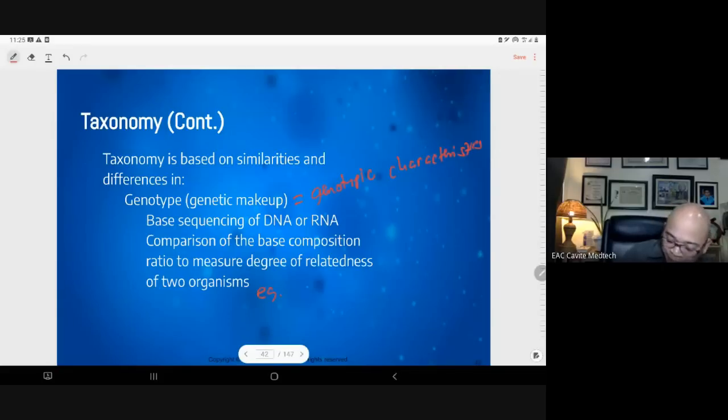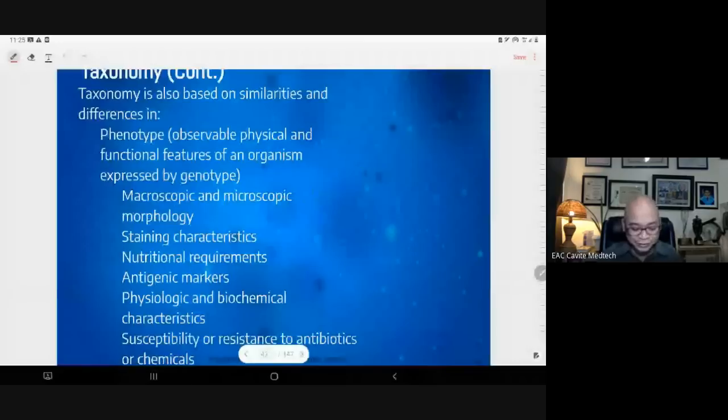An example would be the GC ratio, or the ratio between the guanine and cytosine in the nucleic acid of these particular organisms. So it is now actually a more accurate way of classifying the taxonomical categories of these particular microorganisms.